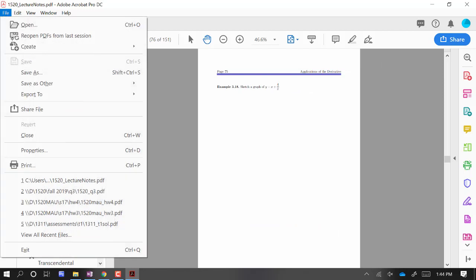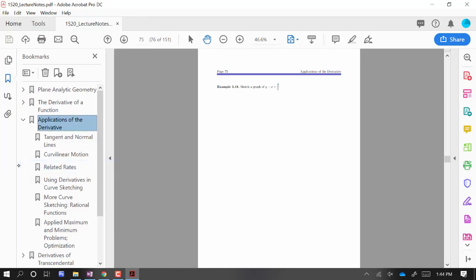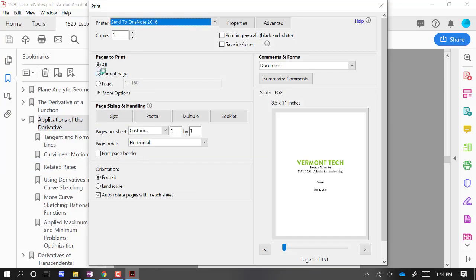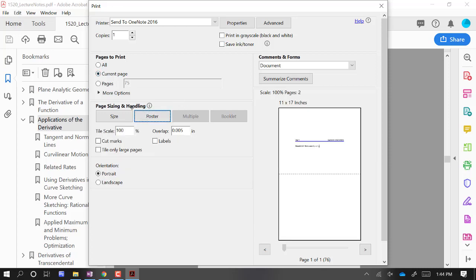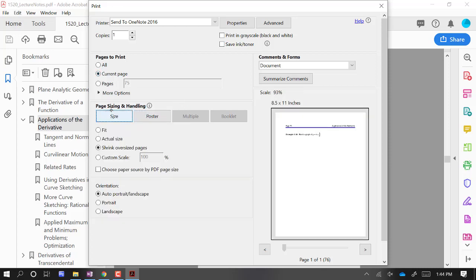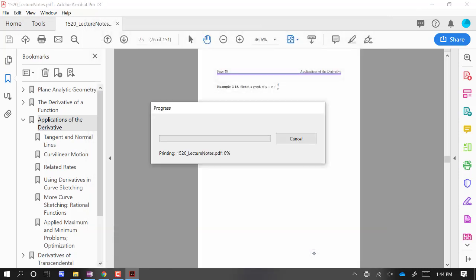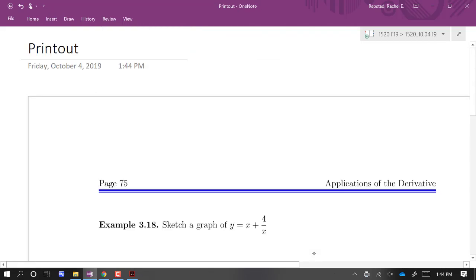Let's see if I can print current page. Okay, let's see if this works. Okay, here we are. Don't worry, guys, we figured it out.